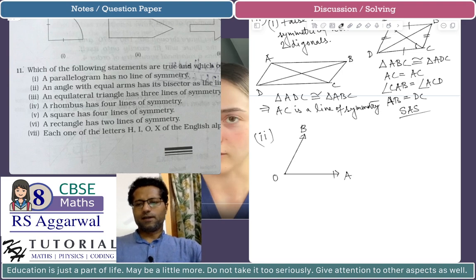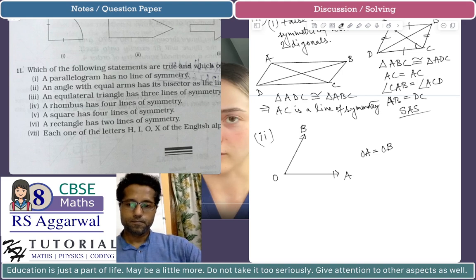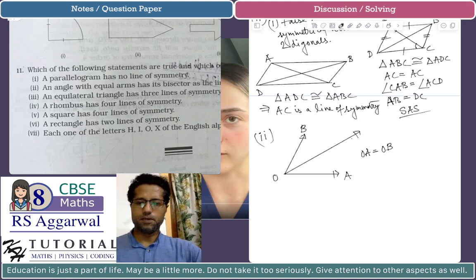So now we have OA equal to OB. Now if we draw the bisector of the angle O, will this line be a line of symmetry? Let's say this is P and these two angles are equal.